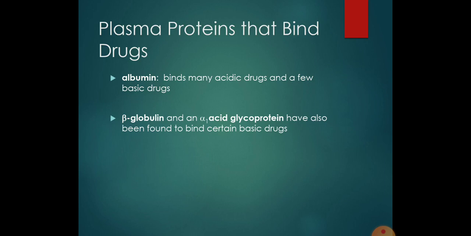Now let's come to the next part of pharmacokinetics, that is plasma protein binding. As I mentioned before, albumin and alpha 1 acid glycoprotein are the two proteins which are commonly present in the plasma, and they bind with the respective drugs. Besides this, there is beta globulin, which also plays a very key role.